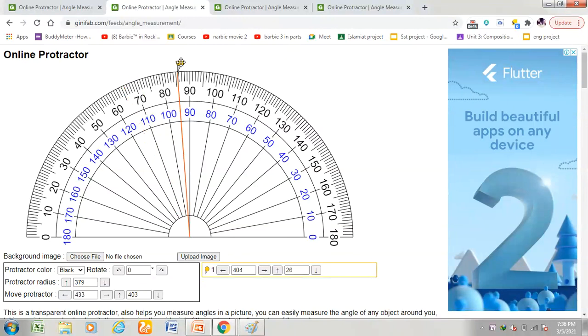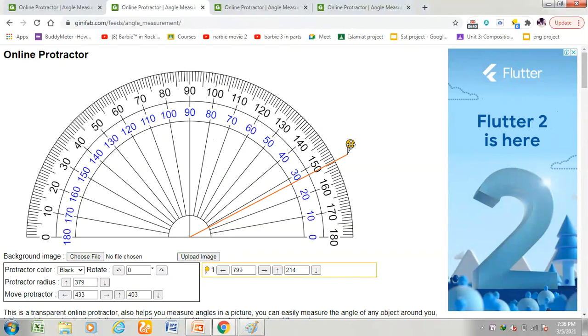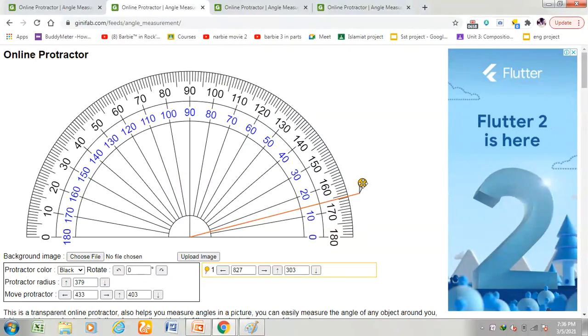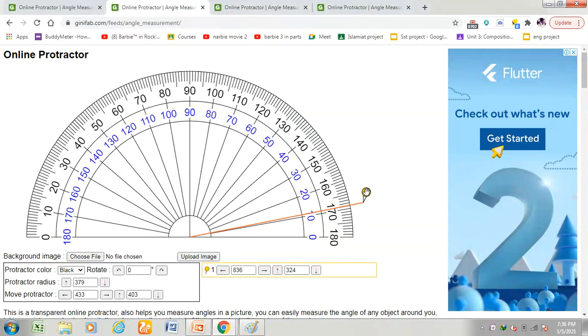First we'll find 160. Where is 160? Here it is. So 161, 2, 3, 4, 5, 6, 7, 8, 9. Near the 170 degree angle. So I hope you understand how to use a protractor.